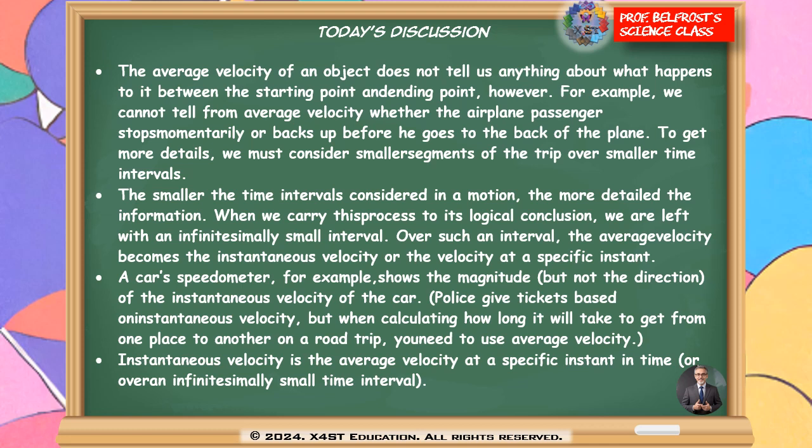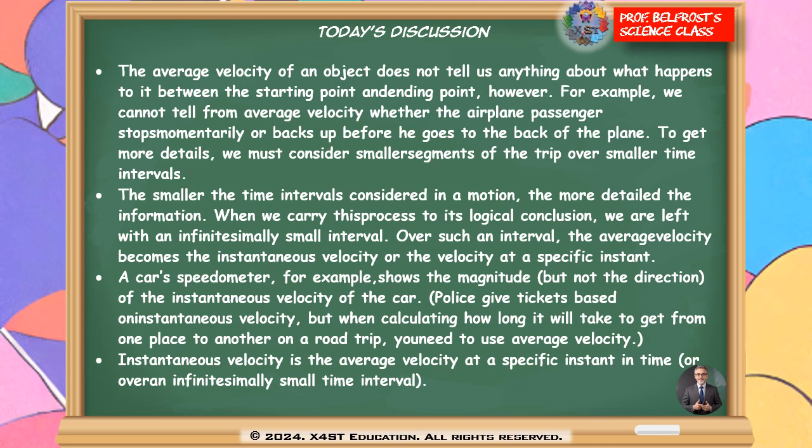It cannot tell us, for example, in the case of the airline passenger, if he has stopped momentarily or backed up before he goes to the back of the plane. So to get more detail, we must consider smaller segments of the trip over smaller time intervals. The smaller the time intervals considered in motion, the more detailed the information we get.